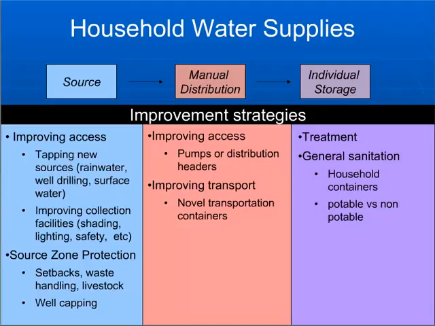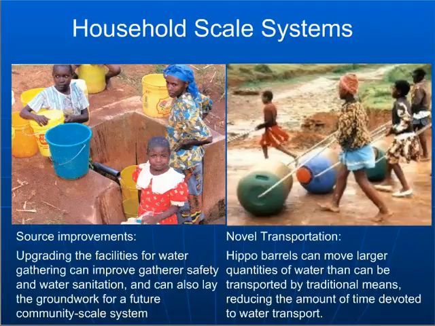And then on the treatment side, looking at doing some type of household water treatment, providing some more unique household containers, perhaps being able to store more water on site for each household to use, perhaps for portions of the dry season. Those can all be significant improvements to that household water supply model.